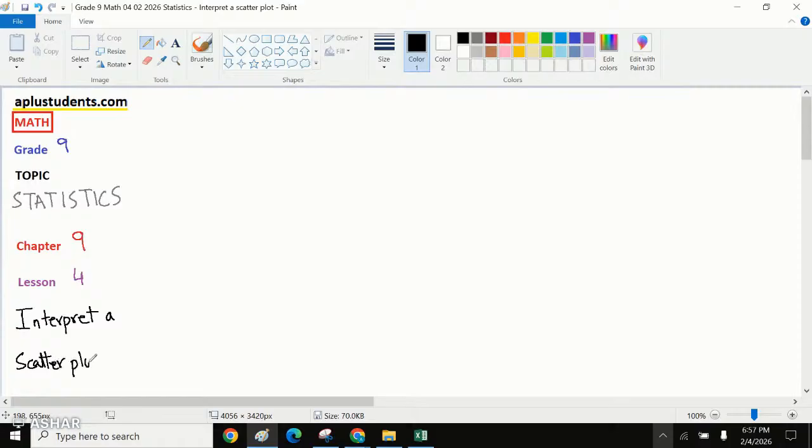Before starting scatter plots, let's see what scatter plots are and what they are used for. A scatter plot has two variables, a variable x and a variable y.